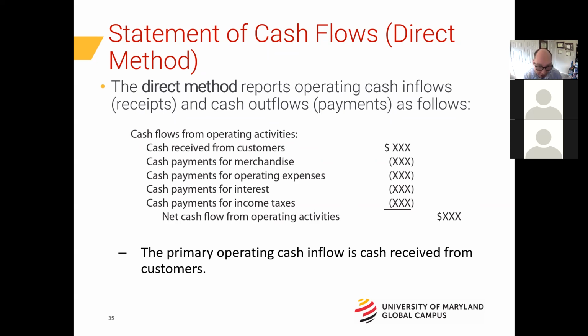We have cash coming in from our customers as a result of sale of services or goods. And we have cash going out of the business to pay for things like inventory, operating expenses, interest expense, income taxes, you name it, right? Cash going out of the business for whatever reason. So cash coming in minus all of the outflows equals the net cash flow from operating activities.